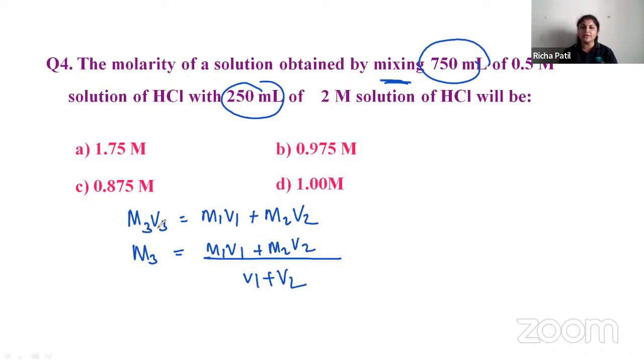V1 plus V2 will give you V3. So M3 is M1V1 plus M2V2 divided by V1 plus V2. M1 is 0.5, V1 is 750, plus M2 is 2, V2 is 250, divided by 750 plus 250. Solve this.